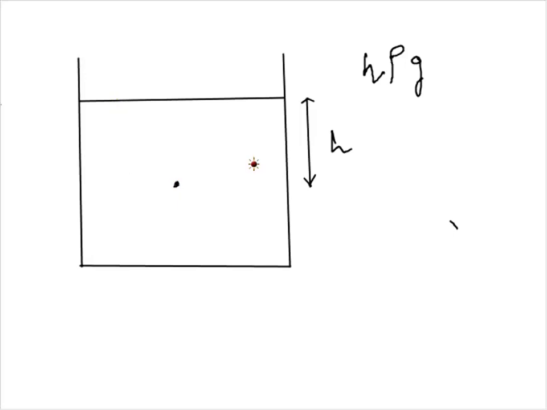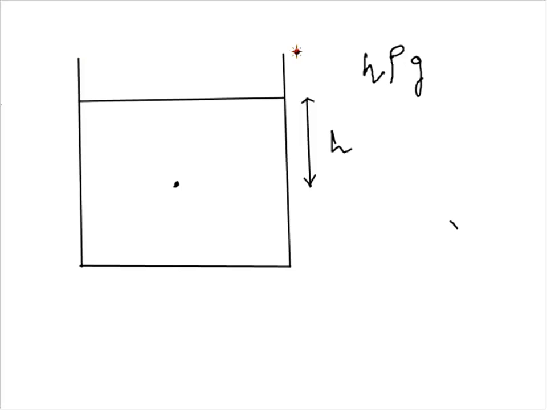So that would be the pressure at this point due to only this liquid. But as I just told you, pressure is always transmitted. Sometimes we deal with closed systems also, which are not exposed to the air directly. If I close it, air would not be able to apply pressure.